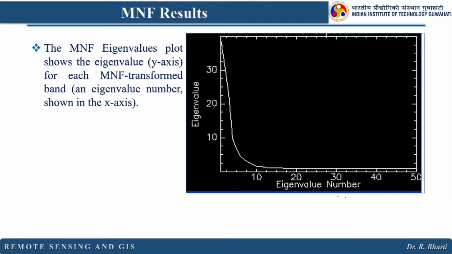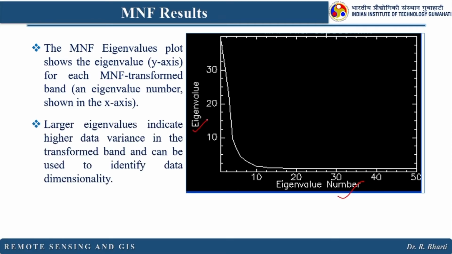The MNF eigenvalue plot shows the eigenvalue for the MNF transformed bands, right? Here you can see this is the eigenvalue number and this is the eigenvalue, and the larger eigenvalues indicate higher data variance in the transformed band and can be used to identify data dimensionality.